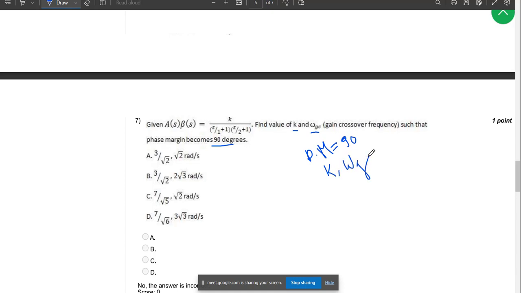Now you know all the formulas and you know the values and everything. Try to find this out. Everyone, please try to solve this question.